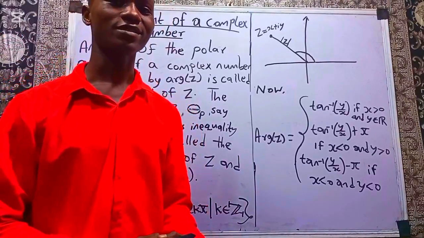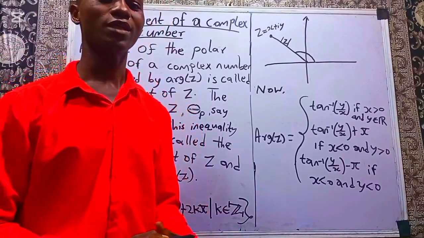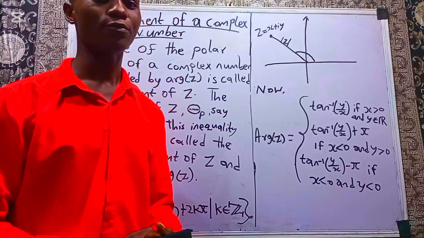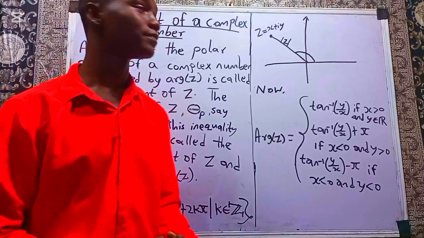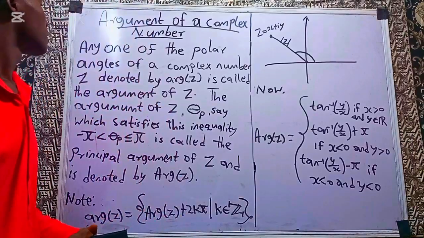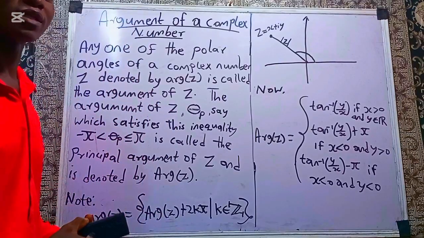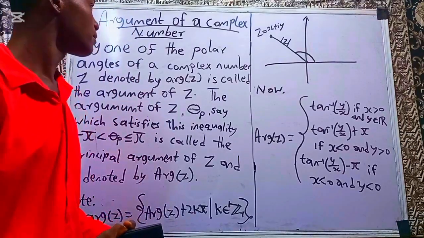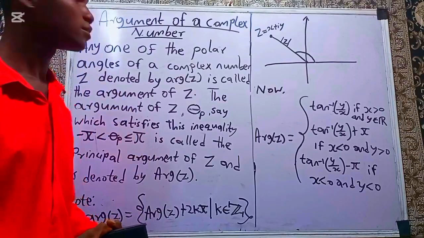This is mathematics class, and today we will be looking at the topic argument of a complex number. We said that for us to understand this concept, let's see what we have written down here.